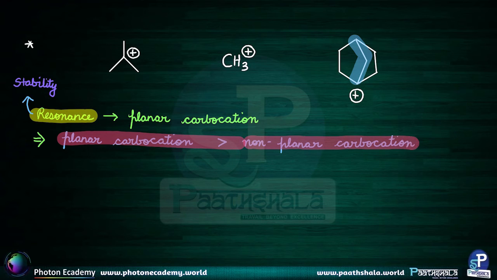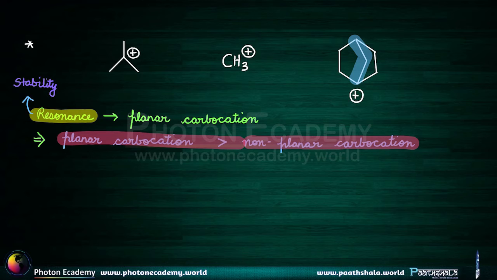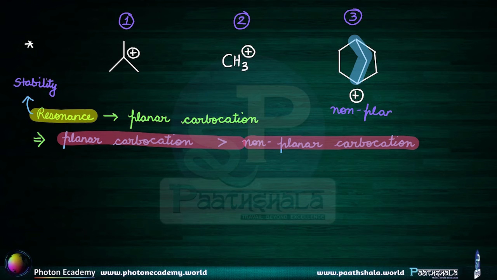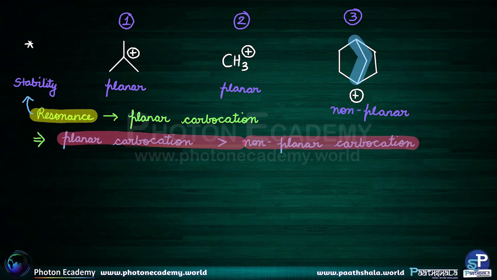Now here, if I mark these examples as first, second, and third, I can say that the third one is non-planar. So this is a non-planar carbocation, whereas these two are planar. This is planar and this one is planar too. So can we say that 1 and 2 will be more stable than the third one?